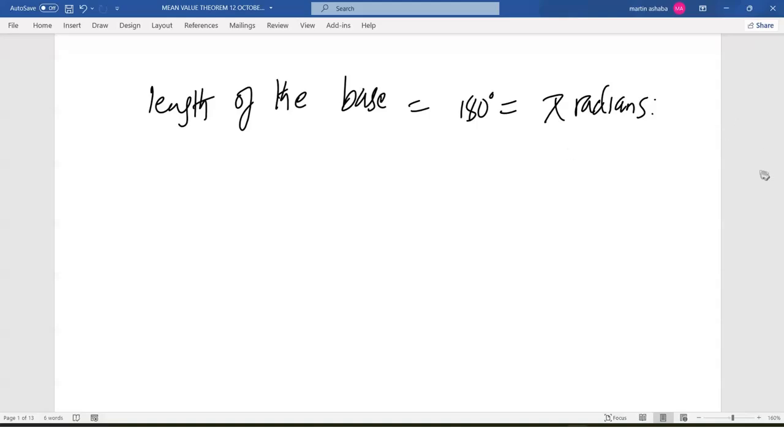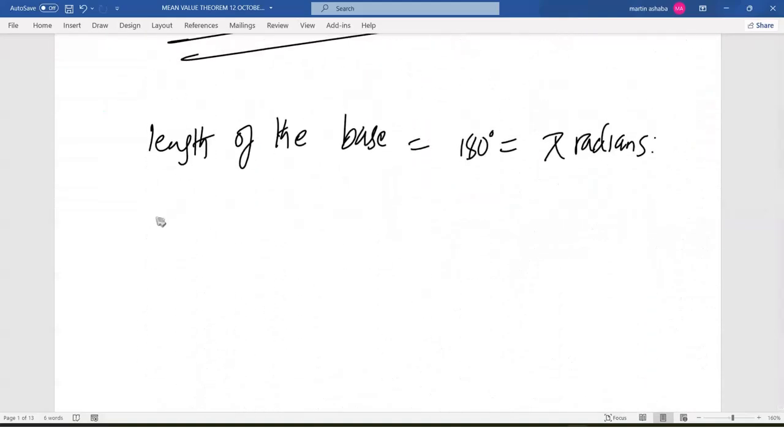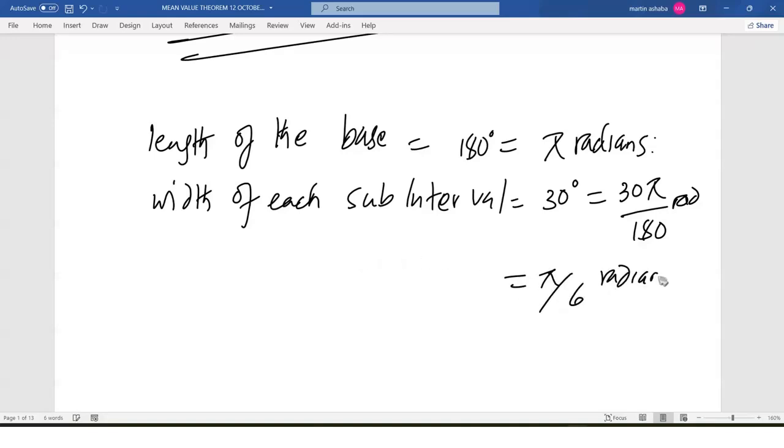But what is the width of each sub-interval? We said it is 30 degrees, which is the same as 30 pi out of 180 radians, and this gives us pi out of 6 radians.